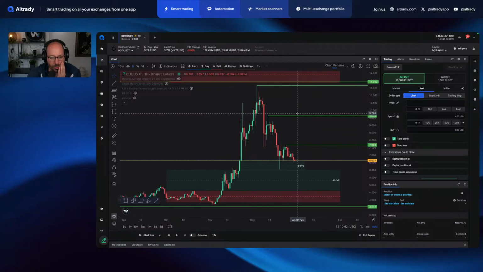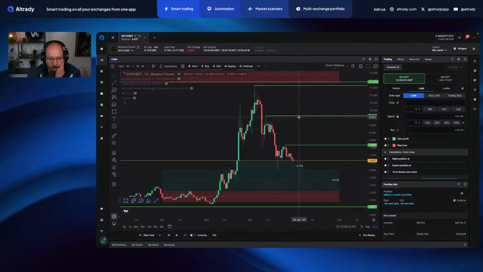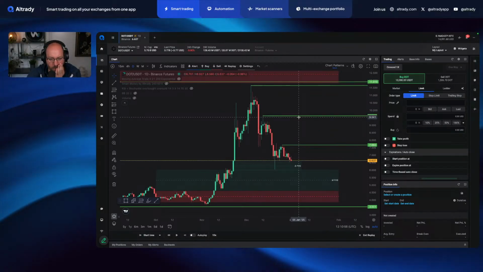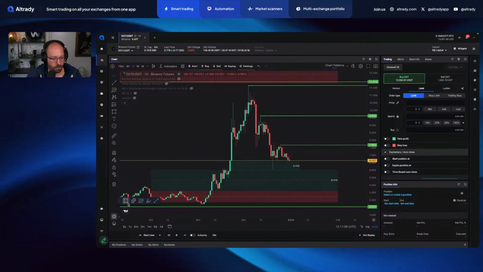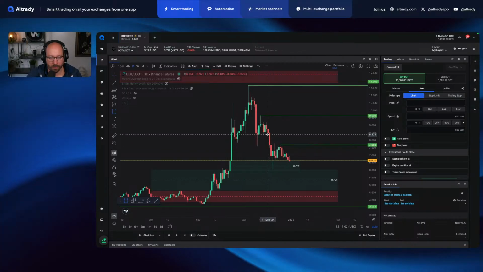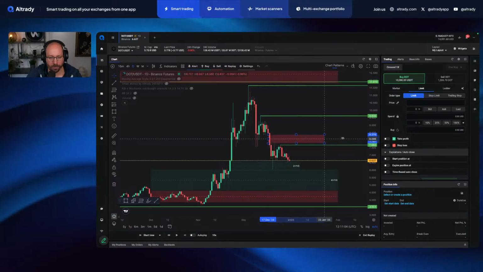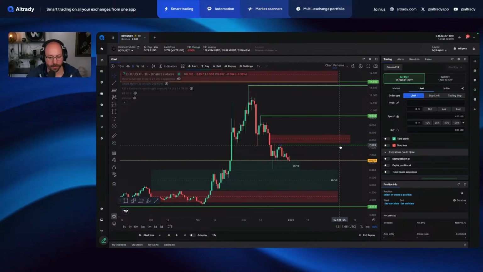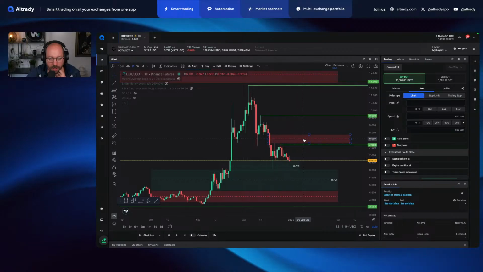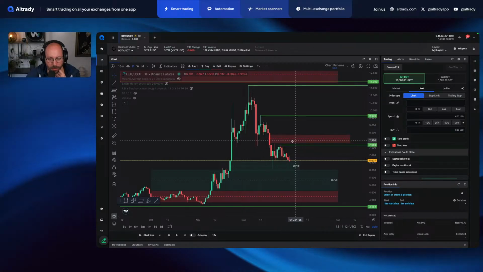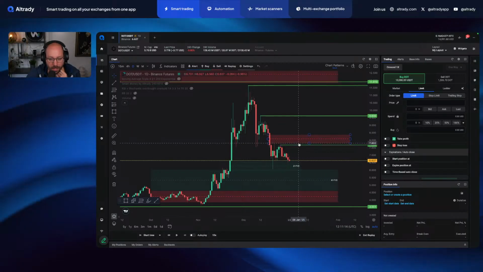What else do we see? There's this fair value gap. Yep, on daily. That is the bearish fair value gap. It did not enter yet, so we could see if there's any short positions going to happen right here.